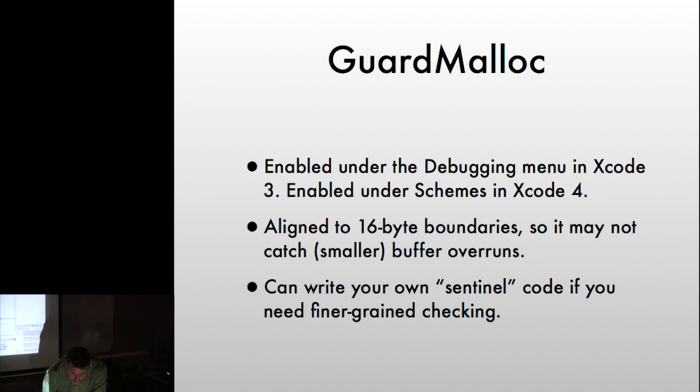overwrite of memory. So let's turn guard-malloc on in our original program here, and we're going to allocate 256 bytes, and right at 256 we're going to slap a space.